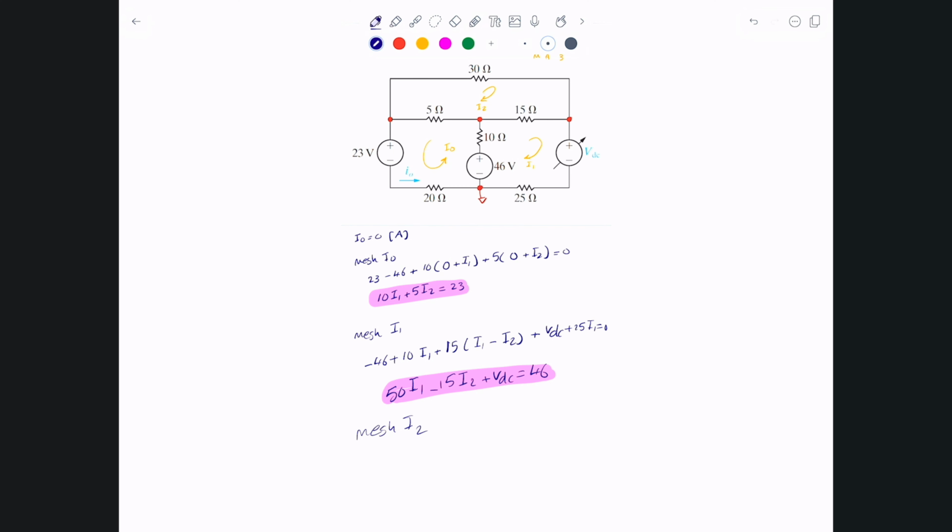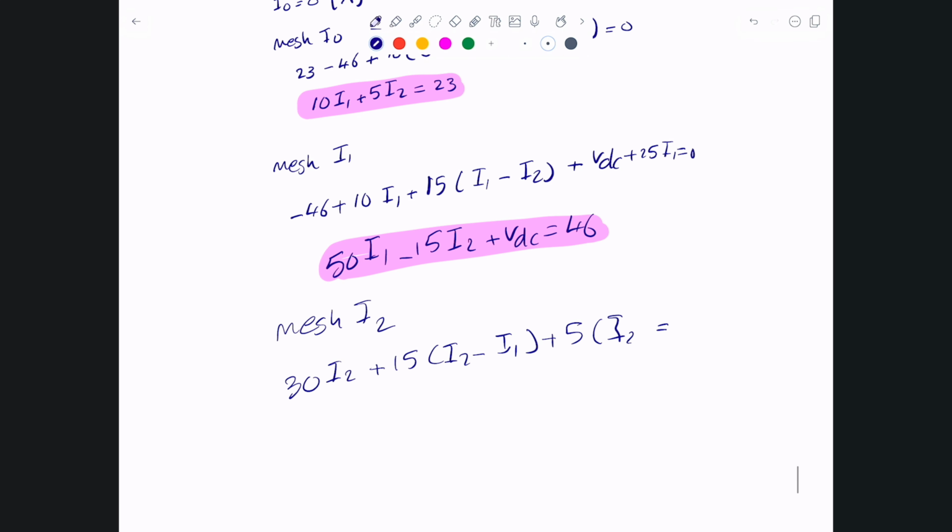So for I2, I will just say, it will be 30 I2 plus 15 I2 minus I1 plus 5 I2 plus I0, which is 0, so it's just plus I2, and that should be equal to 0. Let me just write this right.